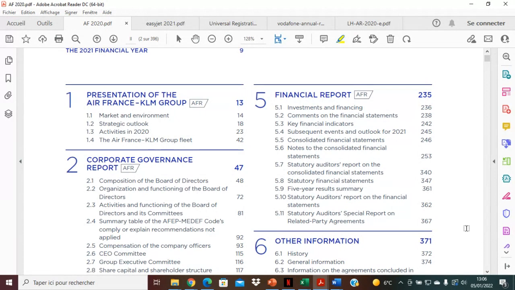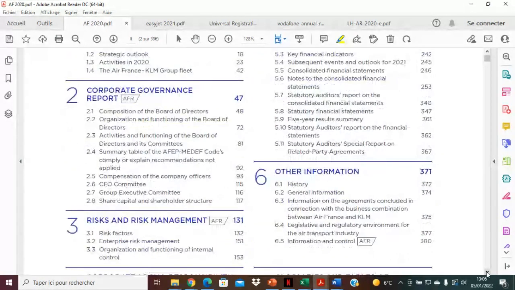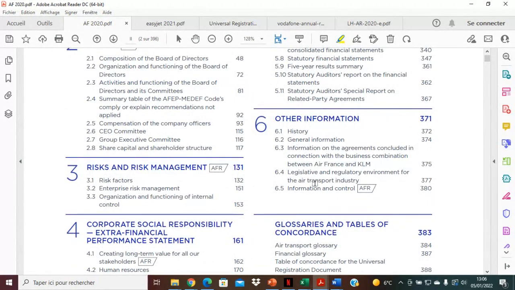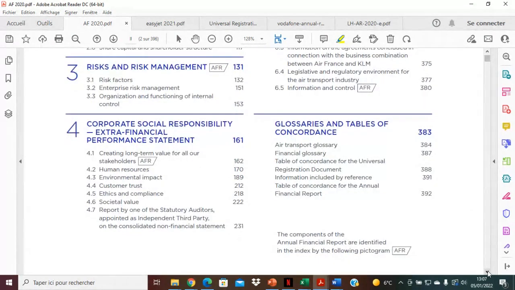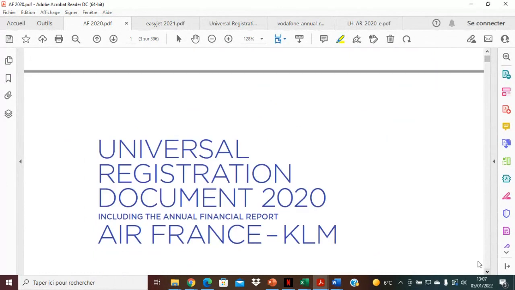Some other chapters. And then in number 6, we have some other information, general legislation, legally, etc. In the Universal Registration Document, as I said, the content is rather standardized. It makes it easier to find the information and to compare at least French companies. Obviously, a non-French company would not do this.